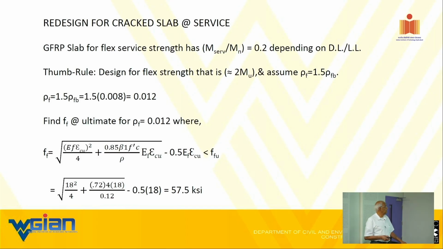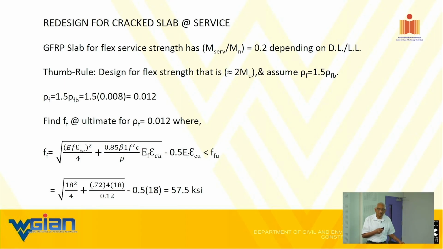The thumb rule is to design for flexural strength that is twice the ultimate moment. And typically, like I said, we assume for compression control 1.5 to 2.